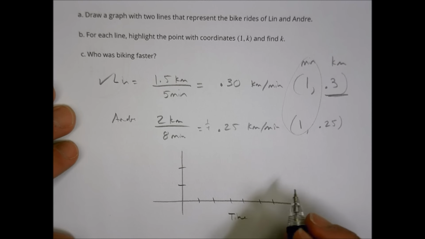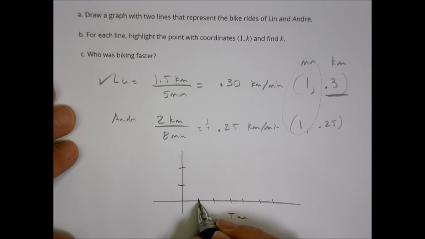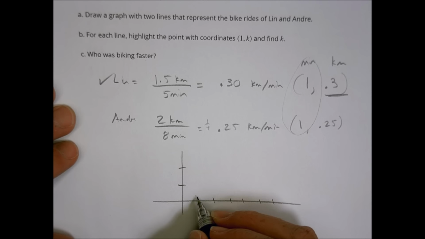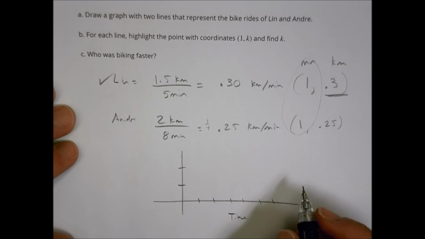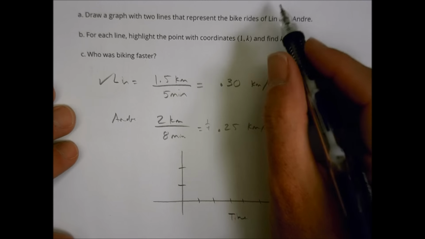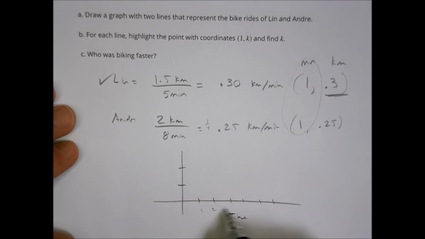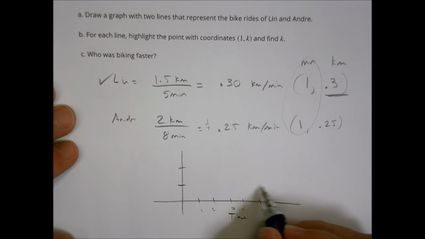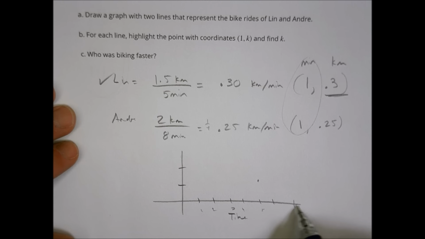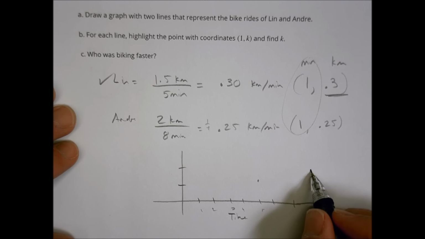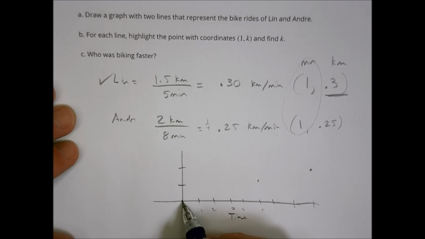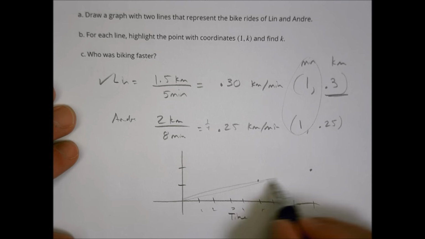We know that after 1 minute, one person has gone a little bit. After 5 minutes, 1, 2, 3, 4, 5, she's gone 1.5. Then 6, 7, 8, and the other person after 8 minutes has gone 2, right there. So we have one graph here and one graph there.